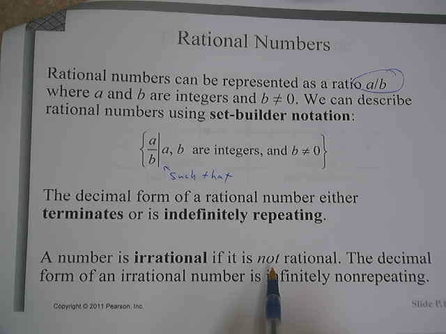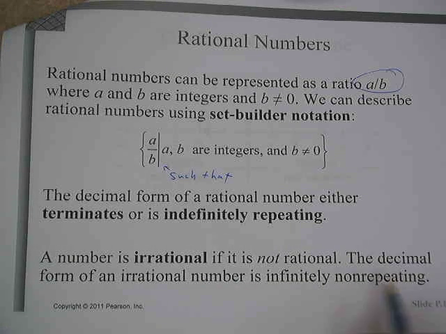Now, another type of real number is an irrational number, and this is a tricky definition: a number is irrational if it's not rational. But ultimately, the best way to tell whether we have an irrational number or not is by this decimal idea.